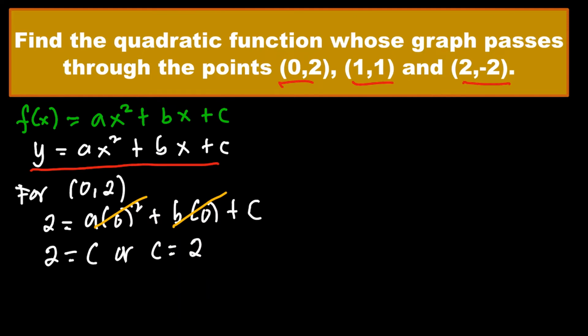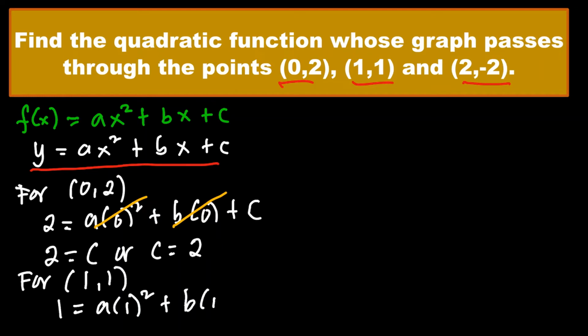Let's have point (1, 1). For point (1, 1), our y is 1, and we have a times 1 squared plus b times 1 plus c.